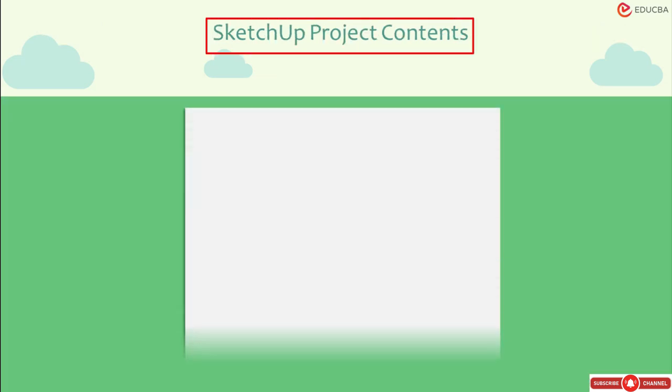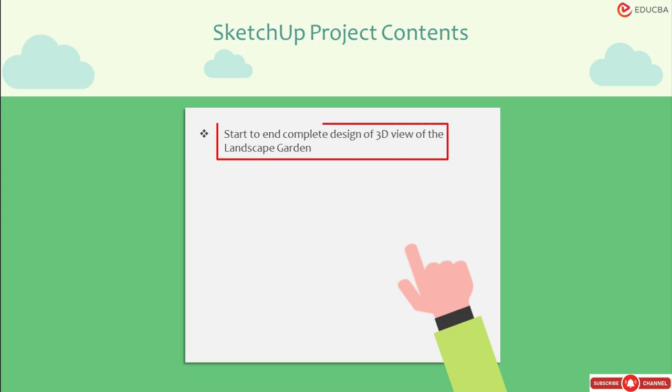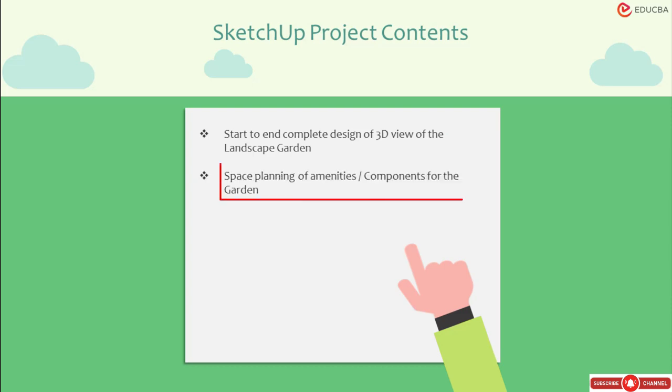The SketchUp project contains the complete design of the 3D view of a landscape garden from start to end. We will learn how to design the 3D view of the landscape garden from start to end. Space planning of amenities and components for the gardens: we will learn how to design the landscape garden using the space planning concept.